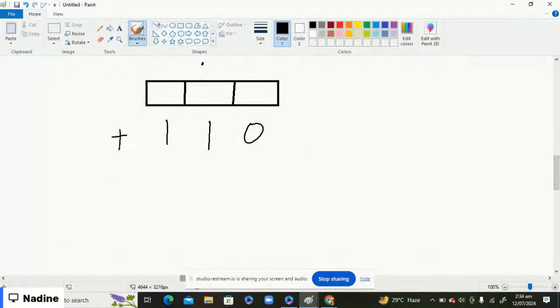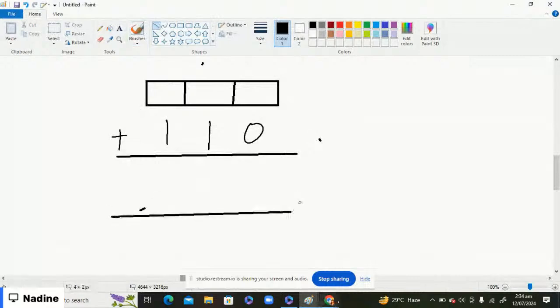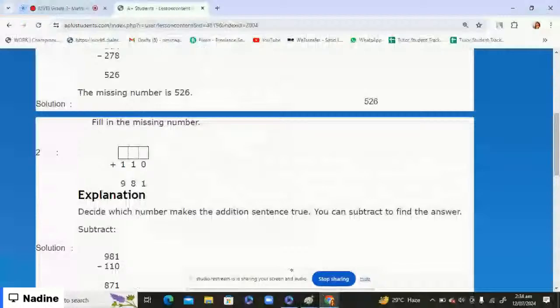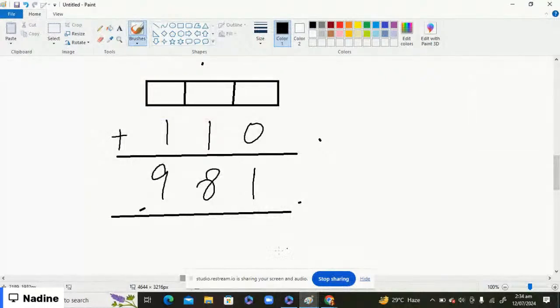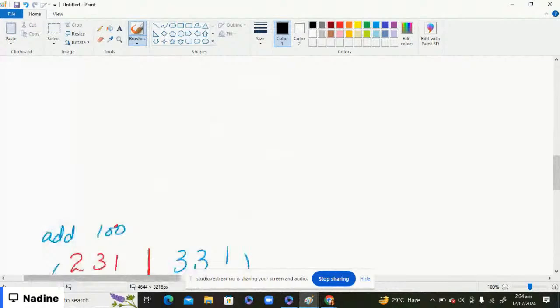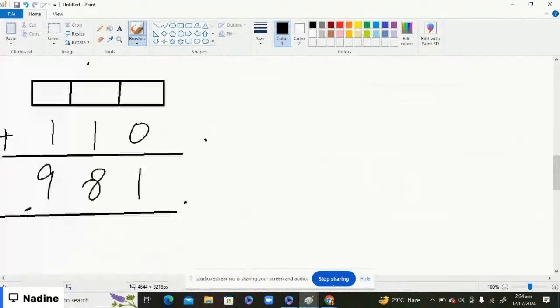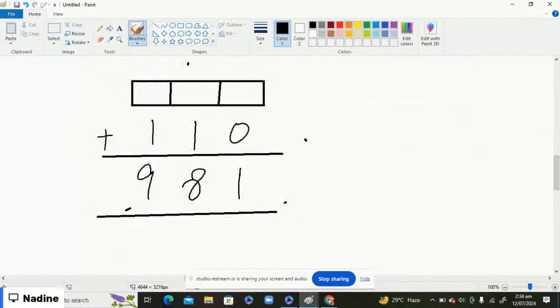When you add up, you get the answer. The answer you got is 981. So what we do? There is a simple method, just subtraction. So when we are going to subtract, let me subtract it here. 981 minus 110.